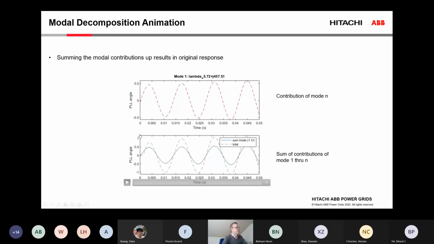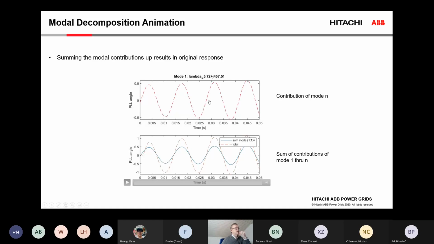And as an illustration of this modal decomposition, it's just useful to look at how these individual terms or individual resonance modes form our total response. So in this simulation here, there was an instability in the PLL angle.